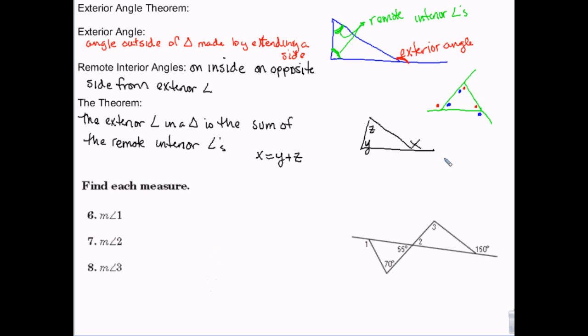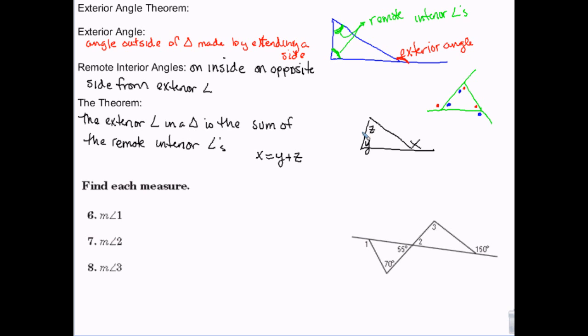And here's how that works. These three angles make up a triangle, right? And they add up to 180 degrees. Well, these two angles make up a straight line, and they add up to 180 degrees. This angle will be the same in each instance. So if this is 30, this is 150. And if this is 30, these two together are 150, because you have two situations where things are adding up to 180. So that's how that works.